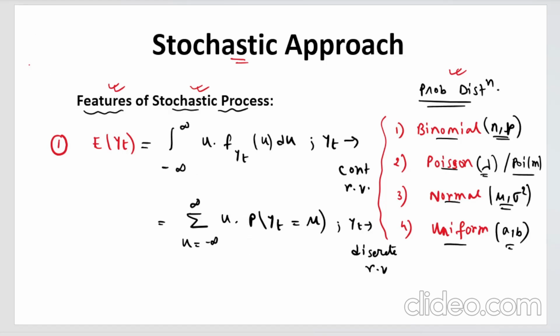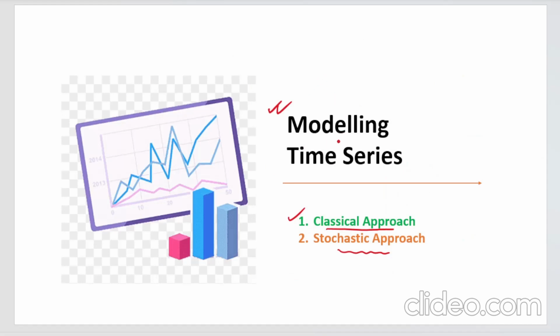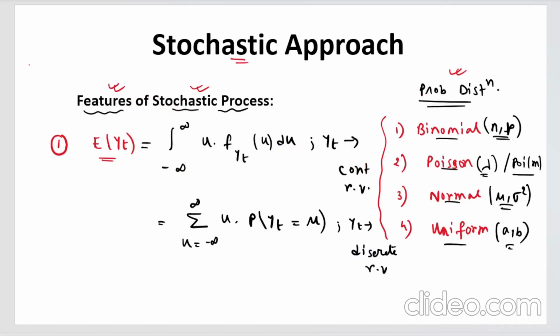So the first feature of the stochastic process that we need to know in order to understand this process better, in order to model the process better. So we are dealing with the modeling of time series, right? So in order to model something, you need to know the features or the characteristics of that process. So firstly, you need to know the mean of that random variable.